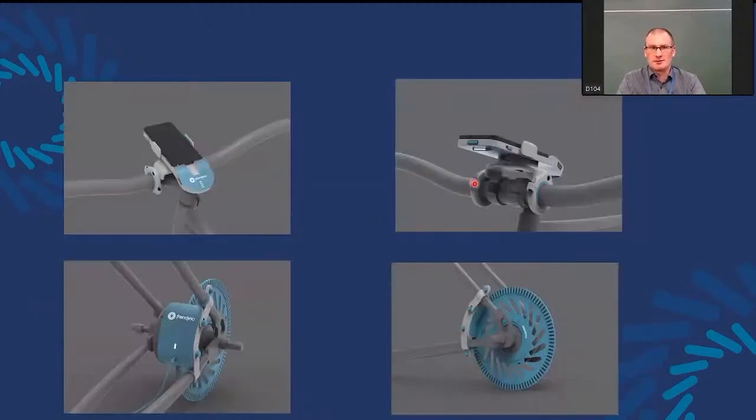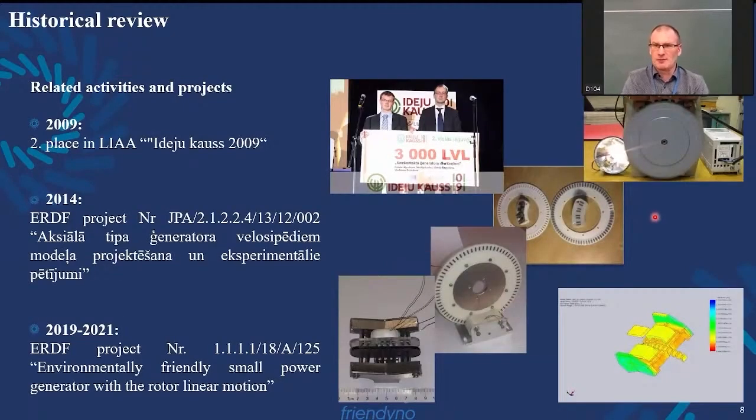It uses the concept of a linear generator, but on the brakes of a bicycle. It's more or less a standard brake with an additional design with the generator itself, which could power the bicycle electronics. It's not a very powerful system, because when driving a bike we produce several tens of watts maximum. We are not very powerful creatures.